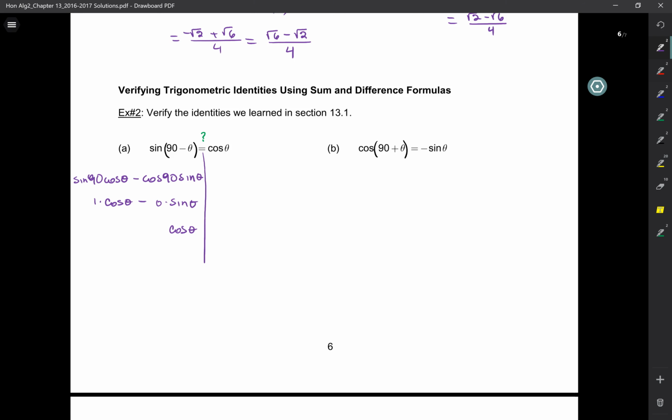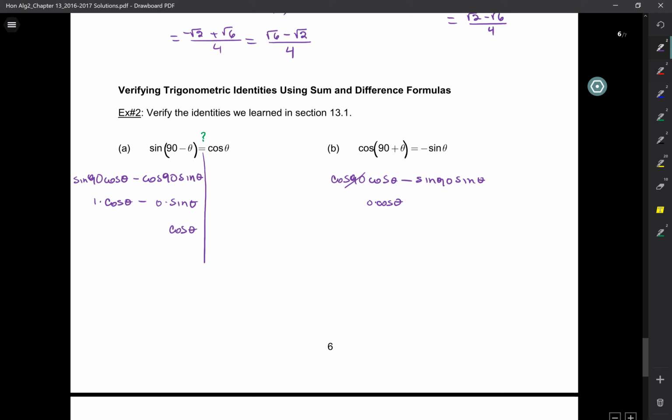Let's do that other one then. So here we have cosine of 90 plus theta. Is that really equal to negative sine of theta? Let's see. So here I have cosine cosine minus sine sine. What's cosine of 90 these days? 0.